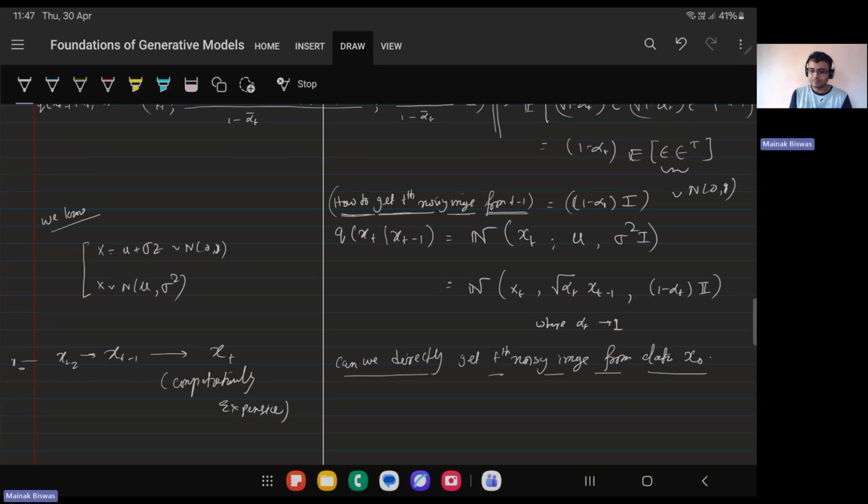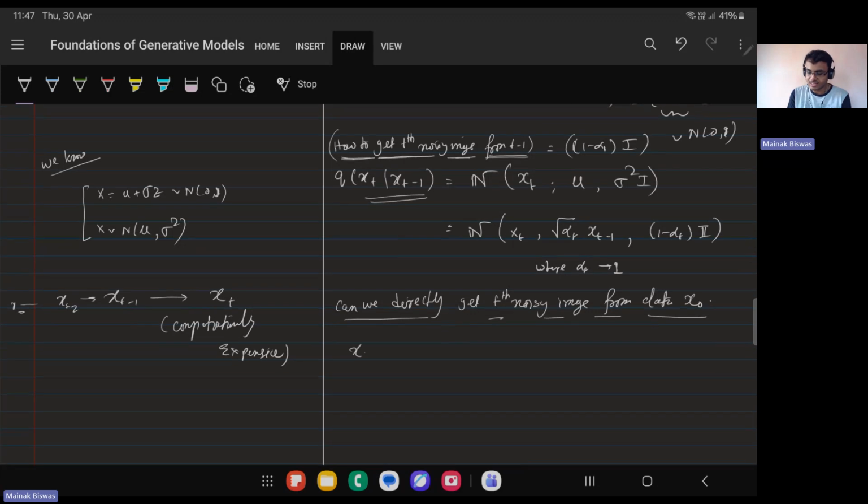So I know the process from xt minus 1 to xt, then I'll do the same process. Can I do induction and get the value from x0? So I know that xt is equal to root alpha t xt minus 1 plus root 1 minus alpha t epsilon. Let's put epsilon t for the time being, and every epsilon t is sampled from normal 0, 1, right?